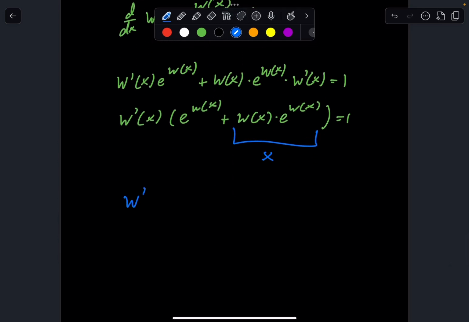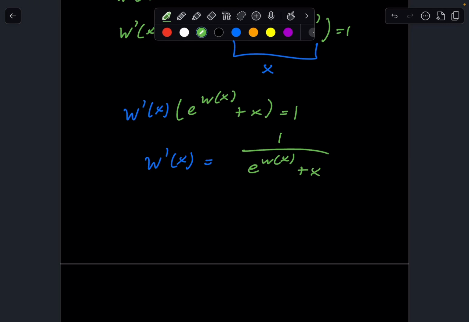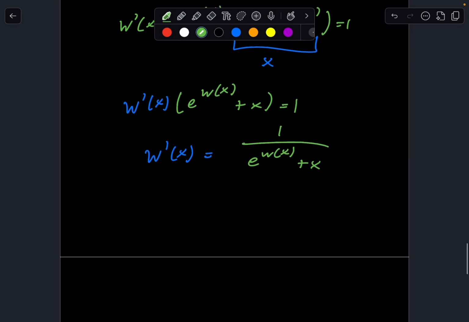So we can say W'(x) times e to the W(x) plus x is equal to 1. And ladies and gentlemen, that means W'(x) is equal to 1 over e to the W(x) plus x. Pretty nice. You can check out my other video for more explanations if that's not making sense.